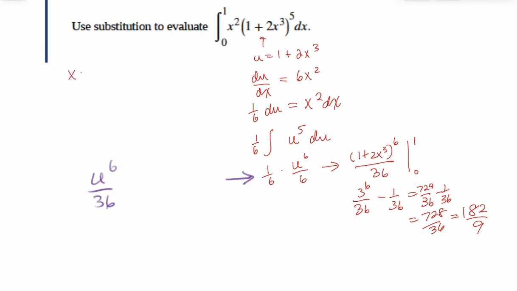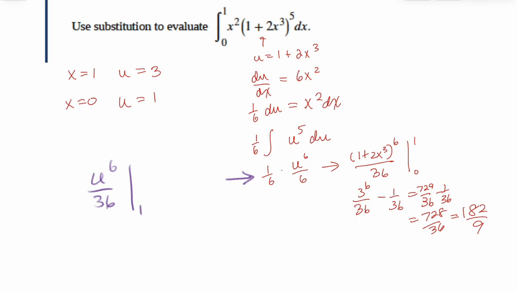Well, if x is equal to 1 and x is equal to 0, those are our original boundaries, then u is equal to 3 if I stick in 1 right here. And if I stick in 0 right here, I get that u is equal to 1. So what you can do is you can change your boundaries and never use x's again.